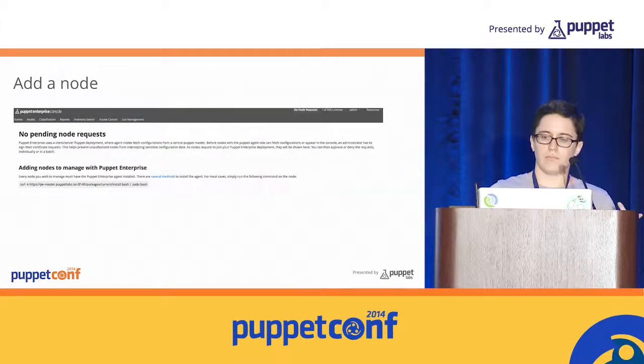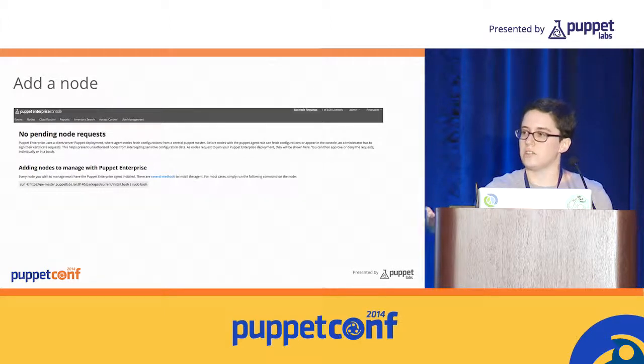So when I look at the Puppet Enterprise console, it has this header, and it says no node requests. And if I click on it, I get this little informational screen about the fact that I have no pending node requests, and how do I add an agent to my Puppet infrastructure? How do I get Puppet Enterprise to manage my node?